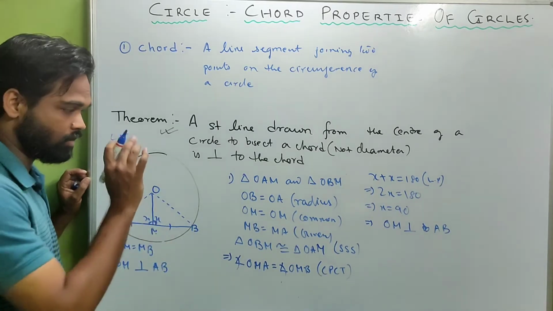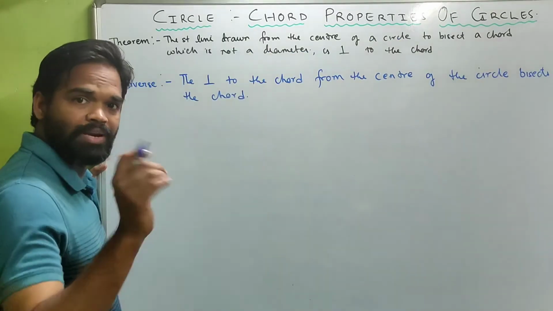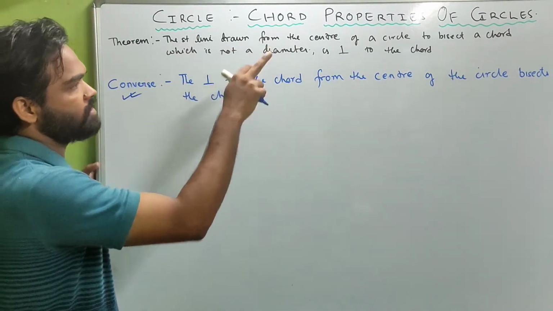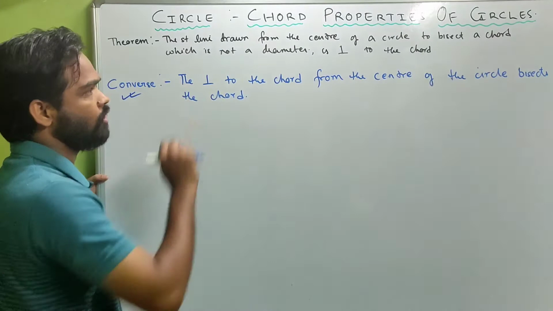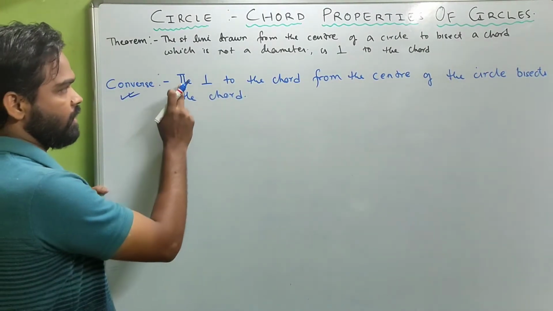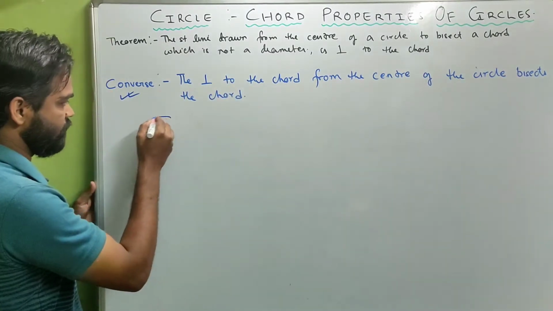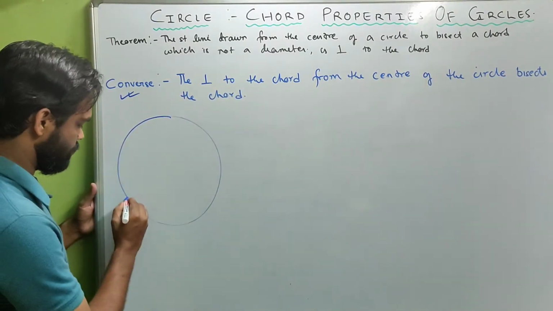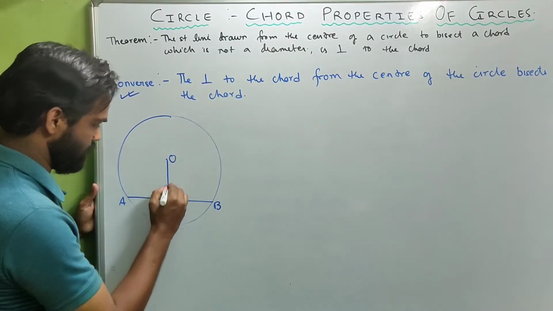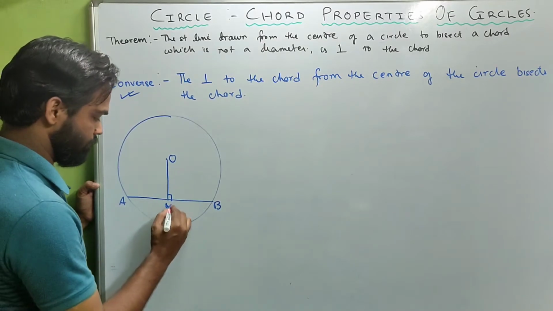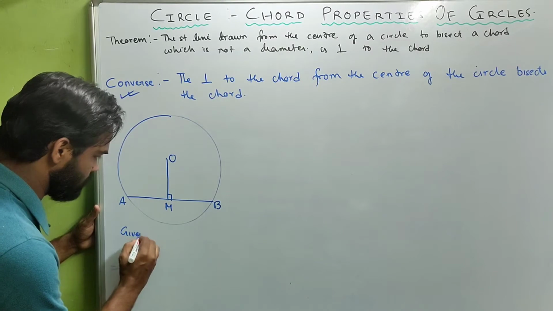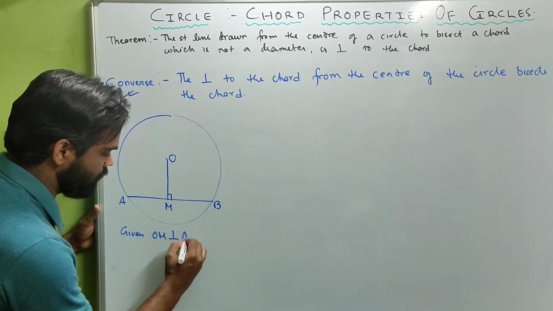Now let us see the converse of this theorem. What was the theorem? The straight line drawn from the center of a circle to bisect a chord which is not a diameter is perpendicular to the chord. Converse, that the perpendicular to the chord, which means if this is a circle, this is a chord AB, O is the center. If you drop a perpendicular on the chord AB, what is given to you? OM perpendicular to AB.